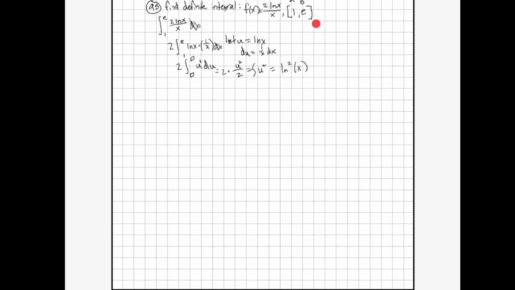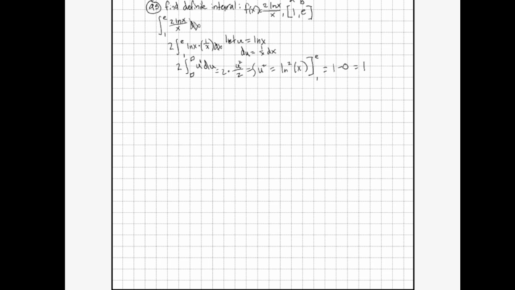Boom. And now, after this, I plug in e and 1, and that equals 1. So you plug in e, natural log of e is 1, and then 1 times 1 is 1, and then when you plug in 1, natural log of 1 is 0, 0 times 0 is 0, so 1 minus 0 equals 1.